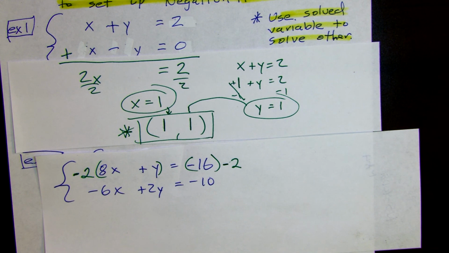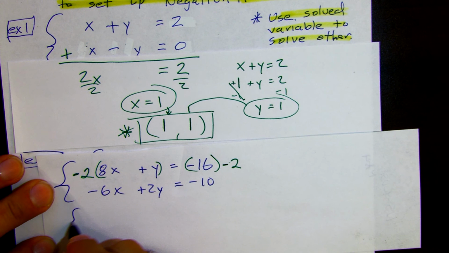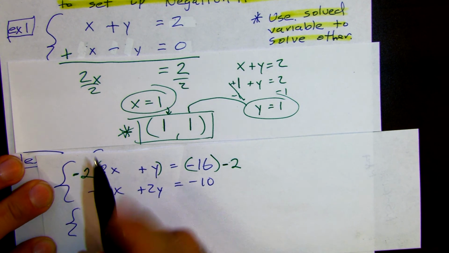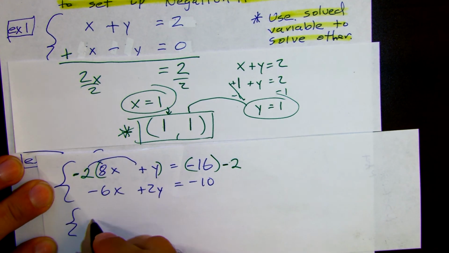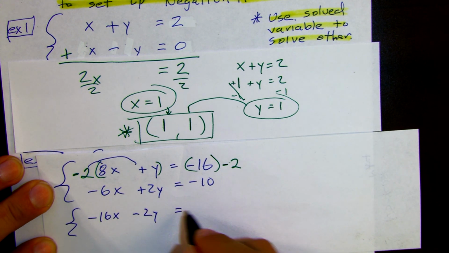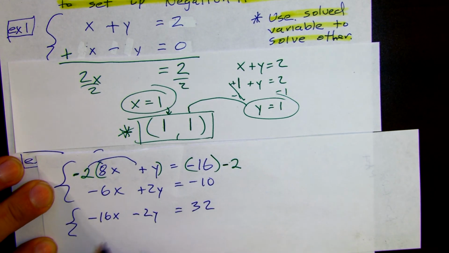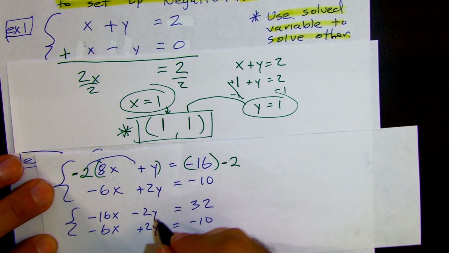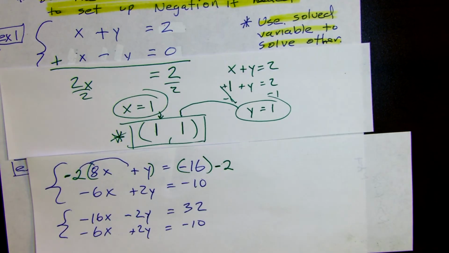A bit? All right, we'll have to do another one, I think. No worries. Look, I'm going to rewrite this, and I'm going to distribute this negative 2. We get negative 16x minus 2y is equal to positive 32. On the bottom, we have negative 6x plus 2y. Now I see.